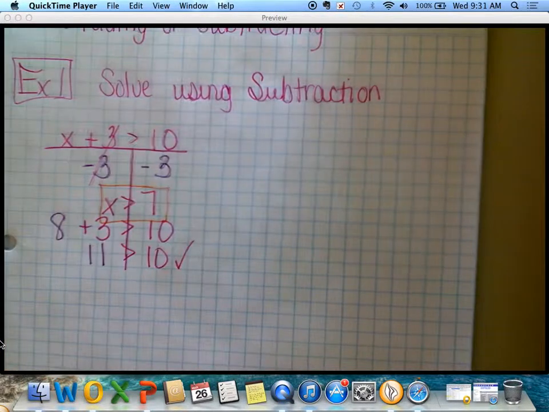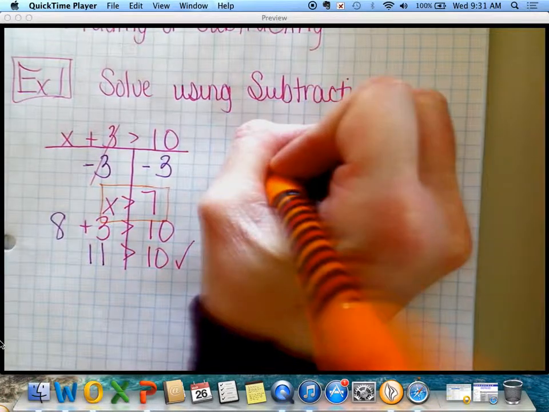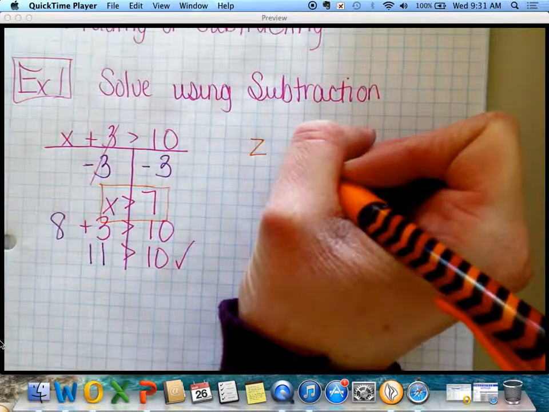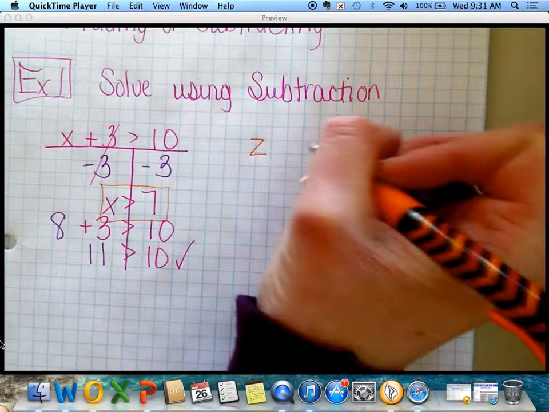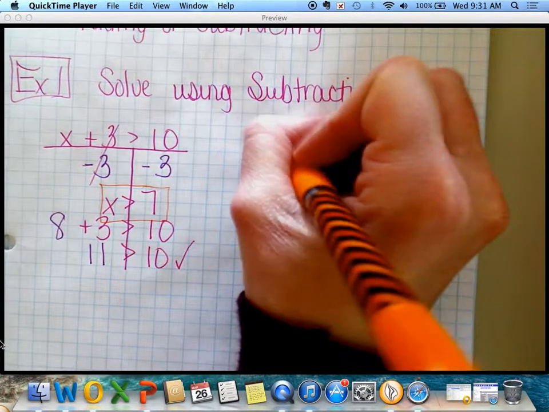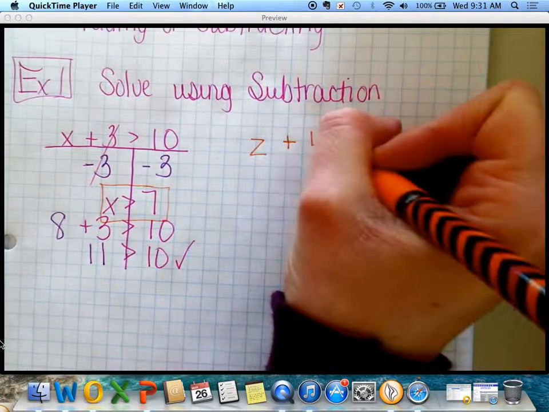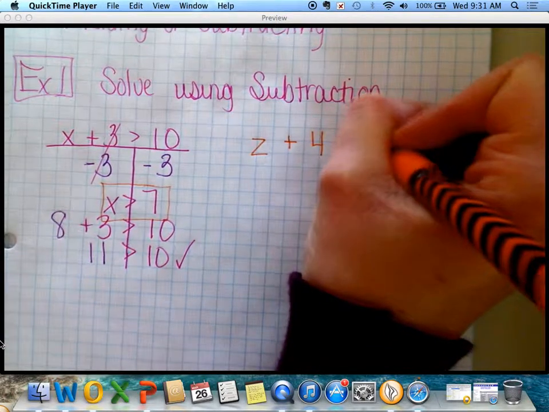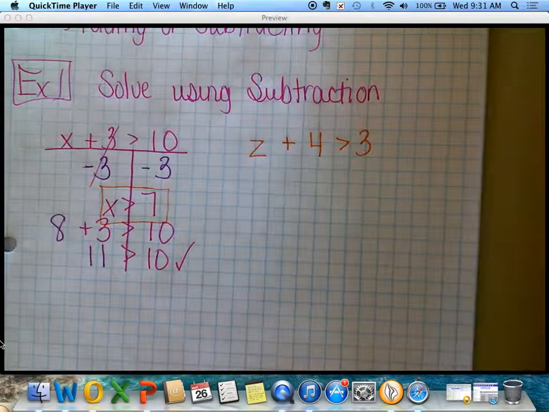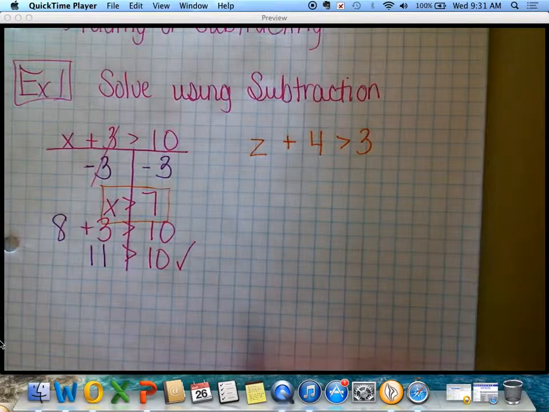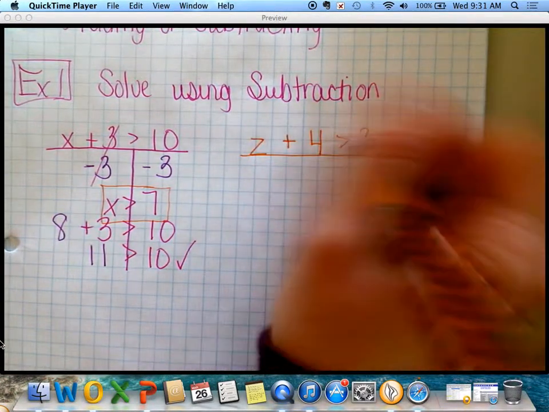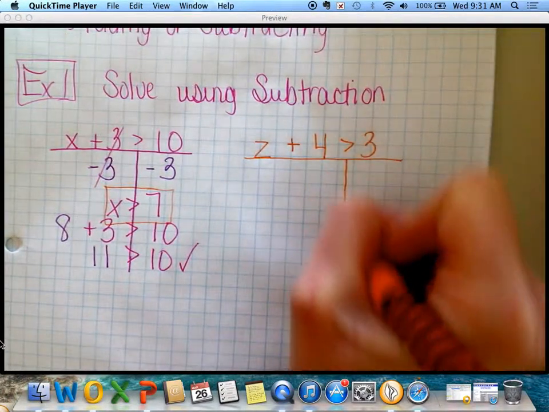Let's look at another one like this. We have z plus 4 is greater than 30. So I start by making my t-chart.